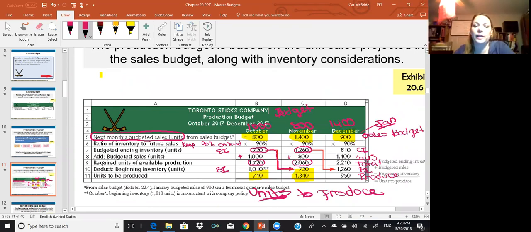So what we're saying here is next month we need to sell 800 units. We want to have 90% of that on hand at the end of the period before. We want to start with that. So we want to start with 720 units.